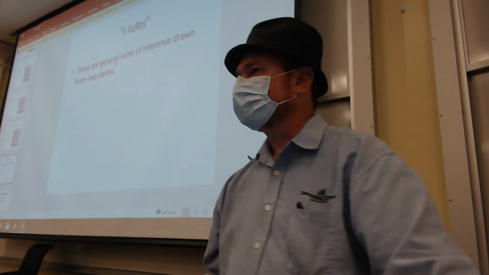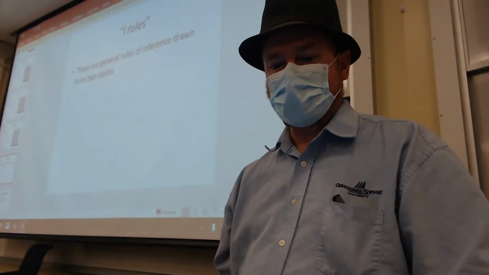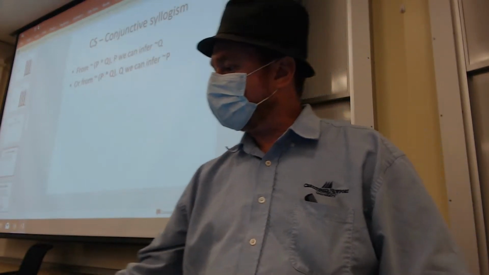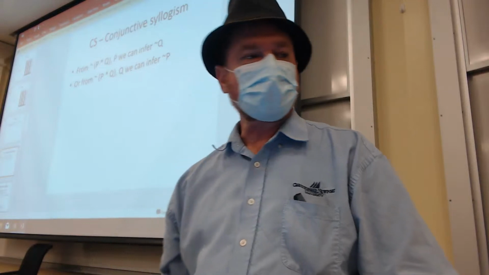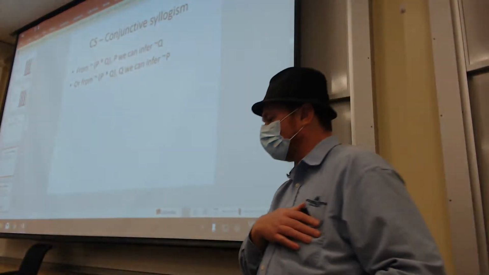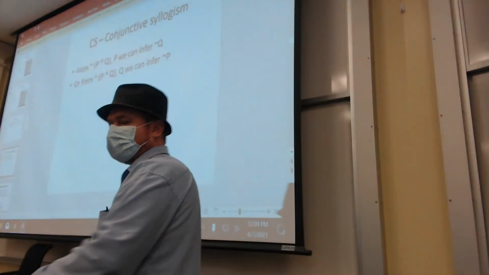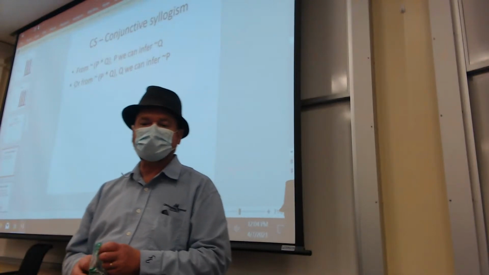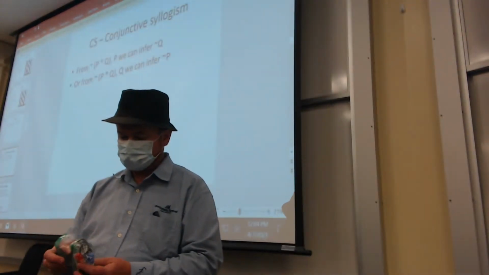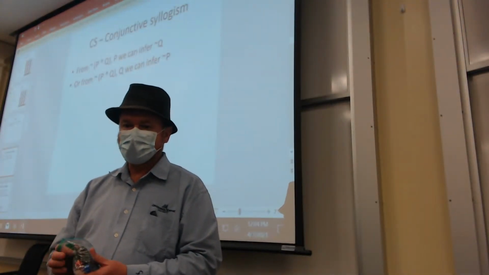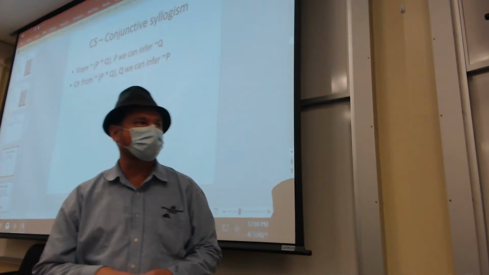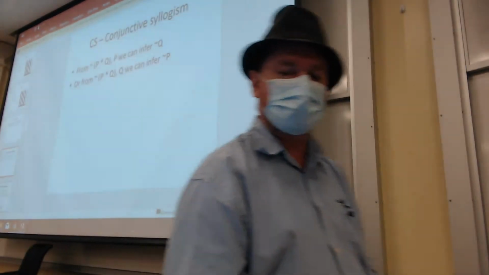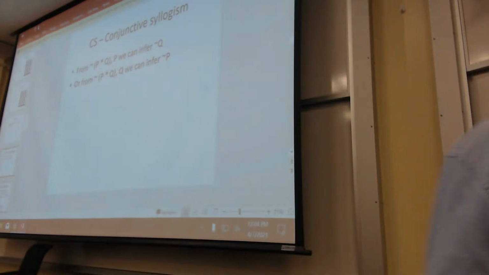All right, so that's where we are today. So let's talk about three of the I rules, and I'm going to start with the one that I think is probably the hardest. The not both rule, sometimes called conjunctive syllogism, sometimes called negated and.